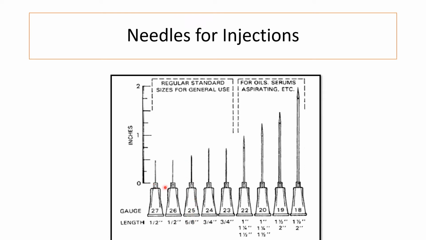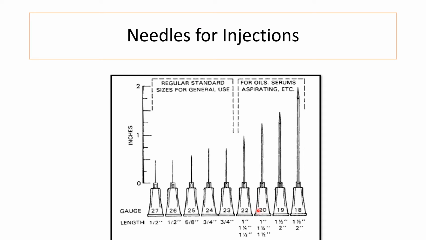And of course, for subcutaneous and intradermal, we use very thin needles, in the range of 25 to 27. This is the usual range for intradermal and subcutaneous. For the intramuscular, we go around the 20 to 22 range. Okay, this is the range. I always remember 21 because it's in the middle.